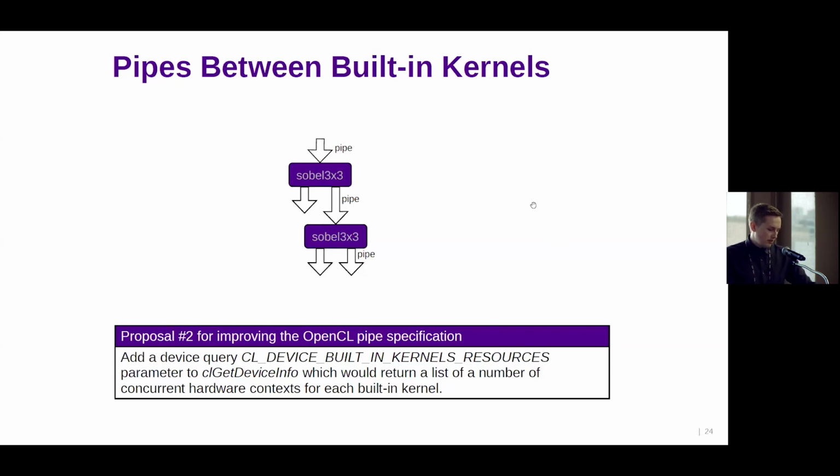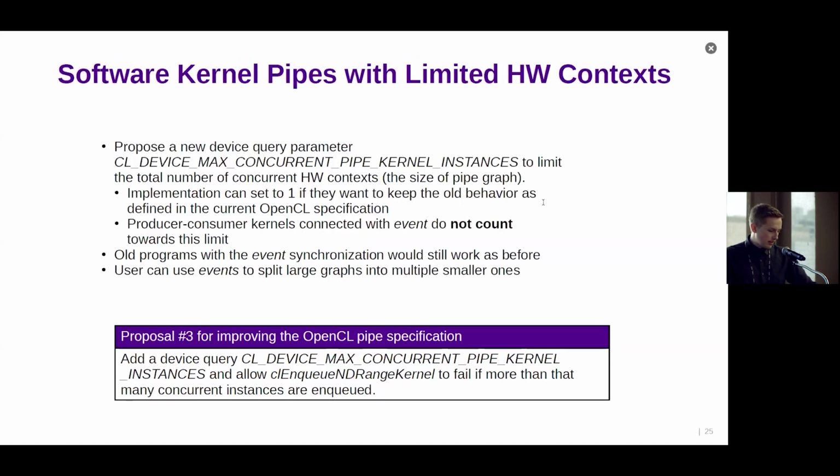So the way we thought of is to have, for the built-in kernel specifically, first that one. For every built-in kernel, you would say how many hardware contexts it supports, and that would basically limit the size of the graph that you are able to describe with it. And a similar parameter for the compiled kernels, like max concurrent pipe kernel instances, would basically just limit the size of the graph.